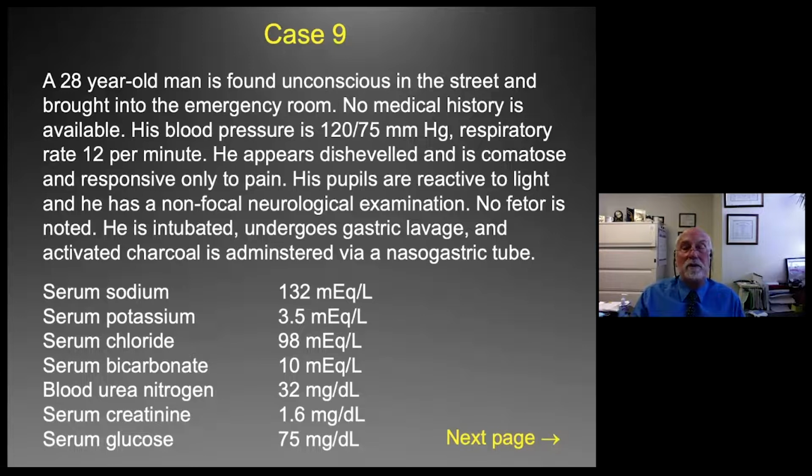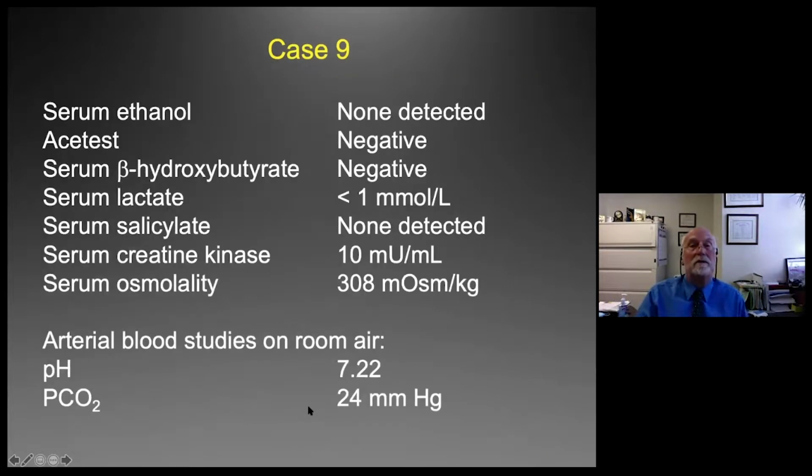He has a non-focal neuro exam. Doesn't have an odor, no fetor. He's intubated, given gastric lavage and charcoal. Some of these approaches in the ED may be a little dated, but the presentation is not. And he presents with these electrolytes, so nothing really to speak of initially until you get to his bicarb, where he has a profound acidosis, some moderate renal insufficiency, normal glucose.